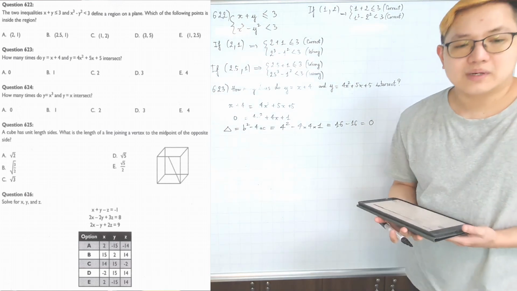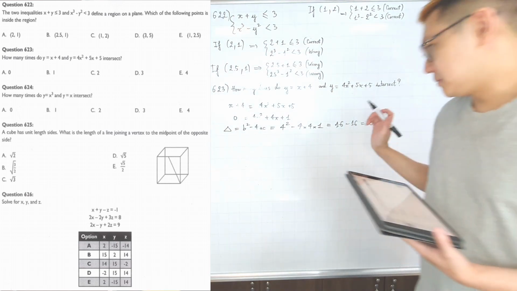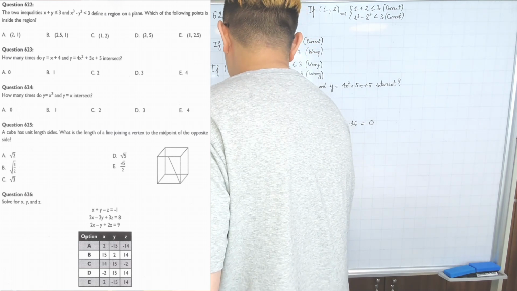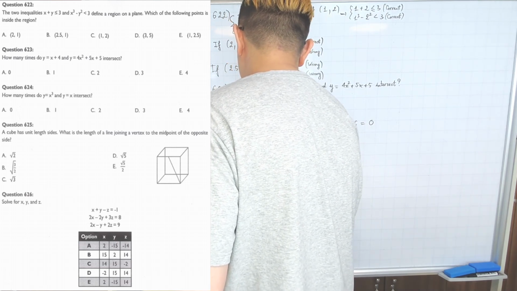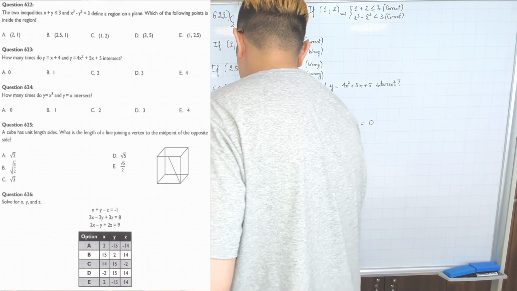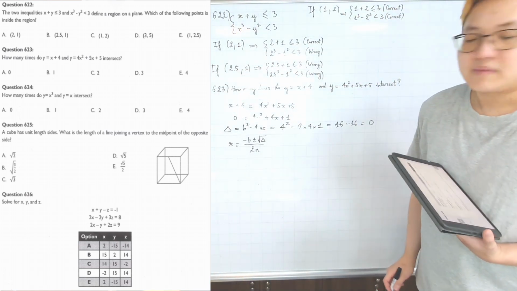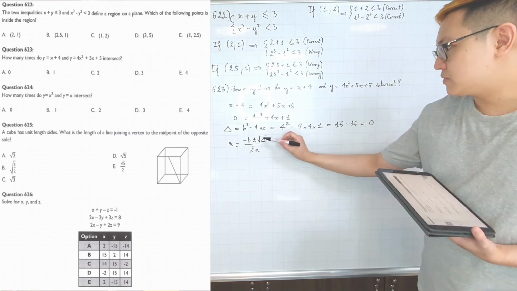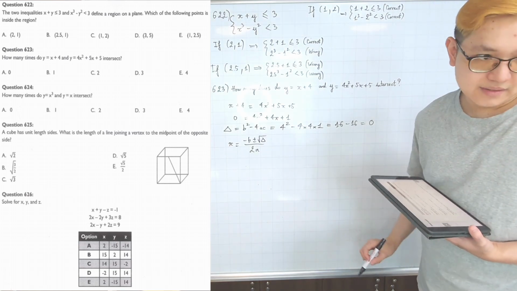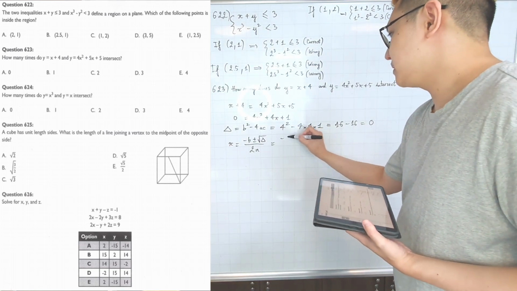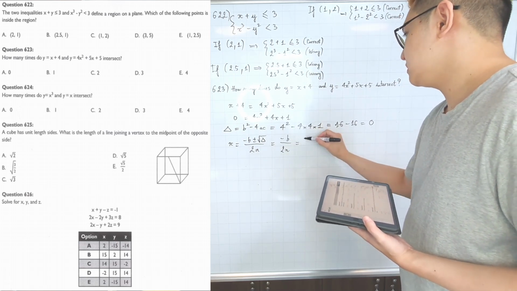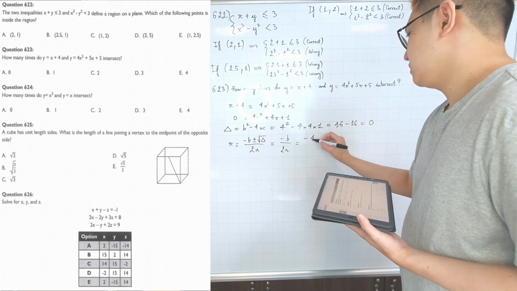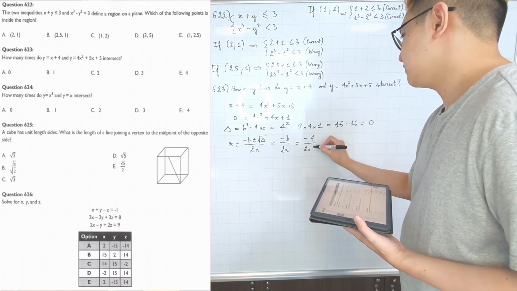So what would happen when the delta is 0? It means that the x value will be minus b plus or minus the square root of delta, divided by 2a, isn't it? But if the delta is 0, this part is 0, so it doesn't matter plus or minus. In this case, it's going to be minus b divided by 2a, which is minus 4 divided by 2 times 4.